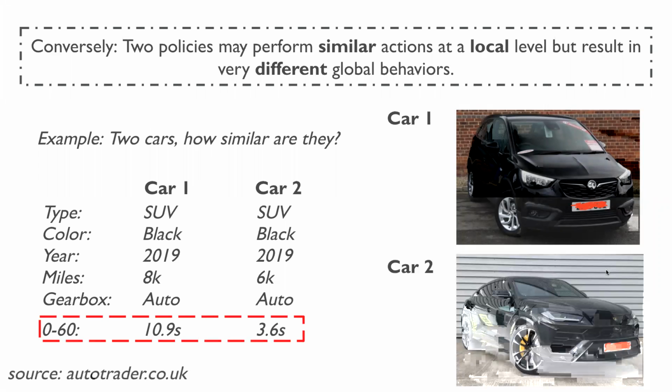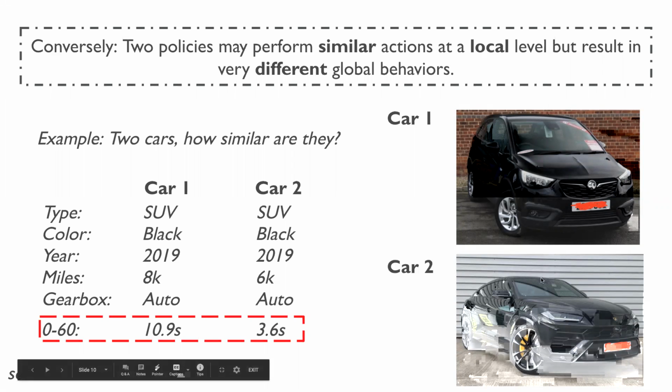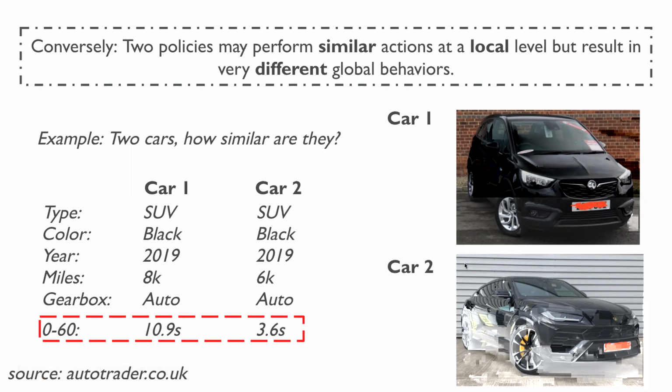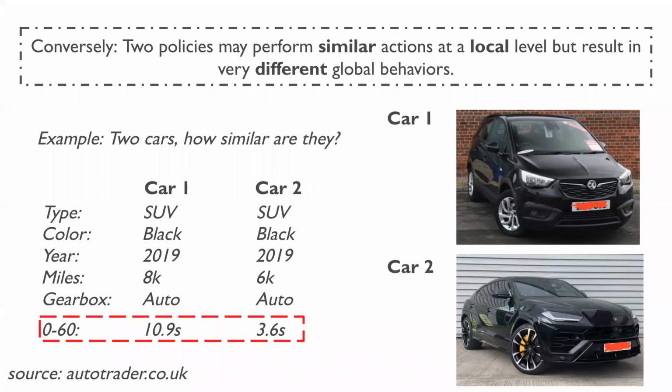In the thing that matters perhaps here, the acceleration and the price, they are quite different. This was a bit of a stretch, I know, but I hope this makes some sense. You can have policies that look very similar at a local level, but actually result in very different behaviors at the end that are very distinct.